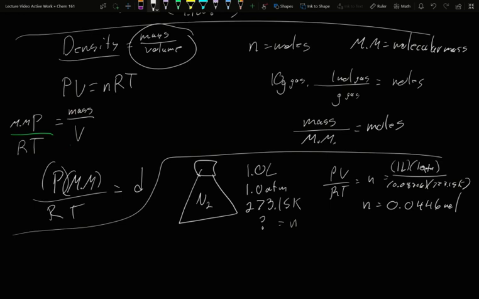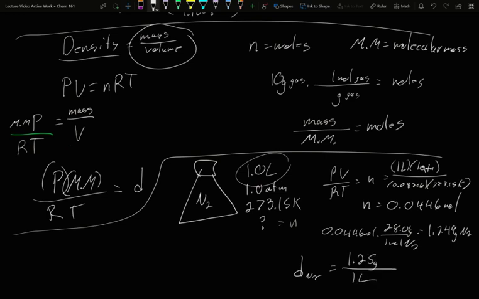Because we know it's dinitrogen, 0.0446 mole. 1 mole of N2 is 28.01 grams. There would be 1.249 grams of N2 in the 1 liter container. So we could find the density of N2. We'd say, hey, it's 1.25 grams in 1 liter.